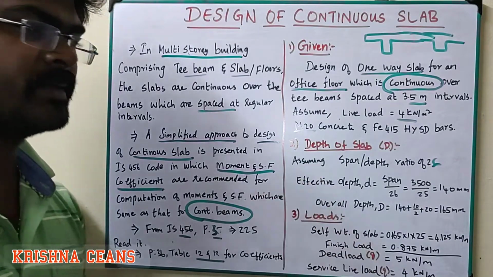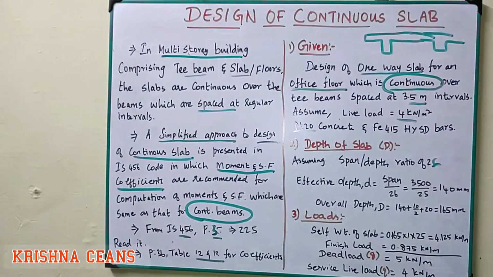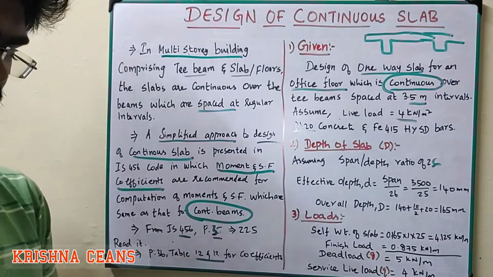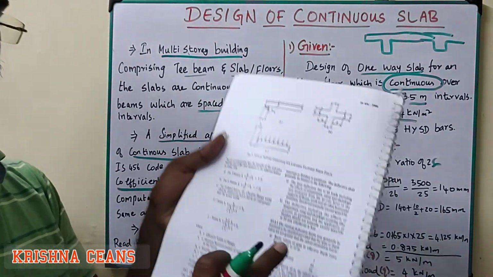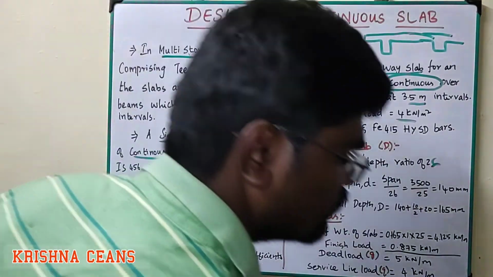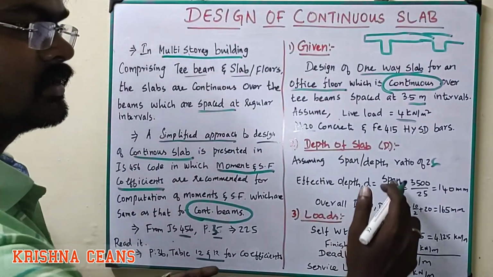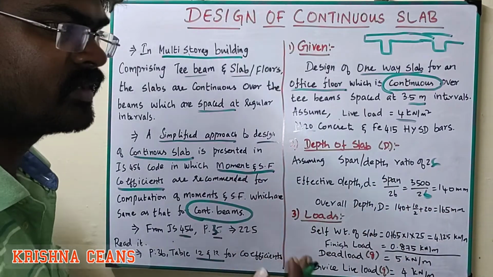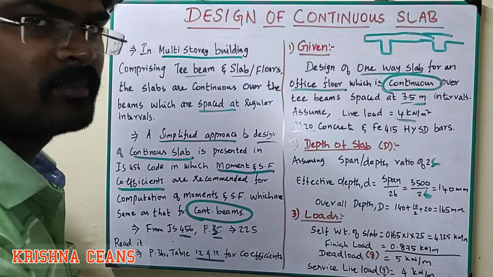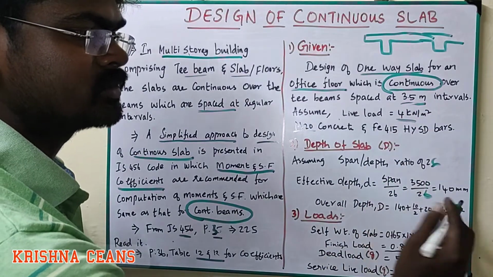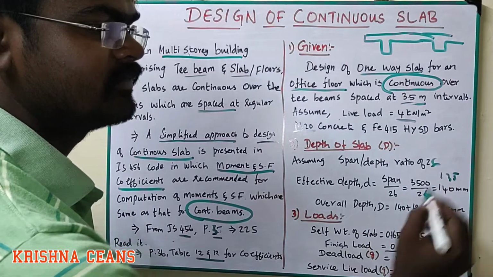Assuming span by depth, since it is a one-way slab, as we already discussed on page number 37 of IS 456, for the continuous slab the ratio is 26. So span by 26: the length is 3.5 meter, so 3500 divided by 26 gives 135 mm.